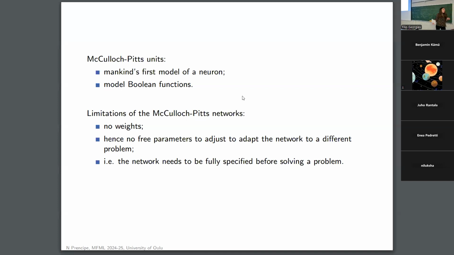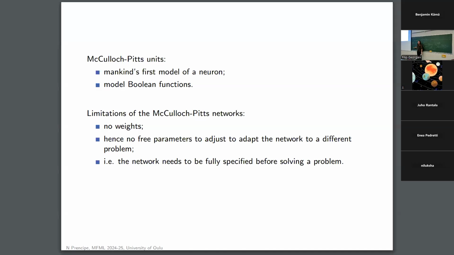I showed with this proposition that you can do all the Boolean functions with this type of network, using both types of edges. If you use just one type, you can only do monotonic Boolean functions. So this is the class of functions that these machines can compute. This is good, but maybe it's not enough. First of all, there are no weights.